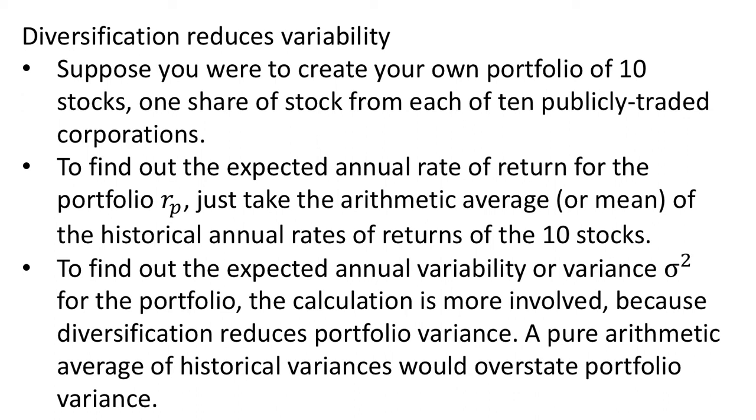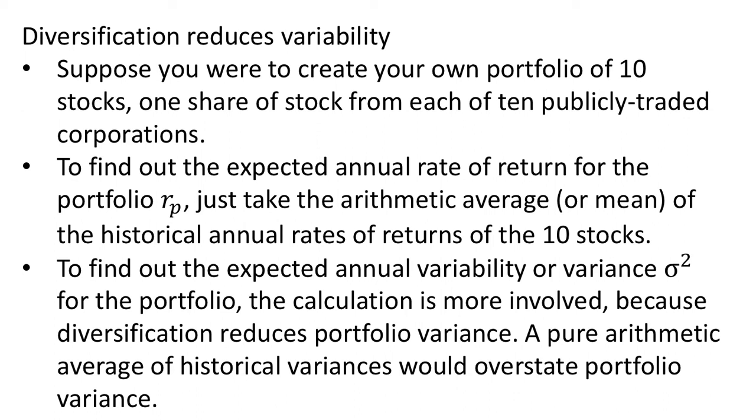Suppose you were to create your own portfolio of 10 stocks, 1 share of stock from each of 10 publicly traded corporations. Now, to find out the expected annual rate of return for the portfolio, just take an arithmetic average of the historical annual rates of return for the 10 stocks, and you've got your average annual return for that portfolio.